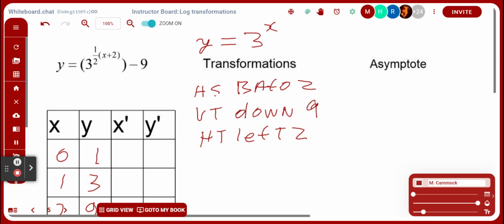And it's very easy to get that horizontal asymptote. It's whatever the vertical translation is, but it's now going to be a y equals. So y equals minus 9 is my horizontal asymptote. Okay, so there's an HA. Let me put that under here. It's not a VA, it's an HA.